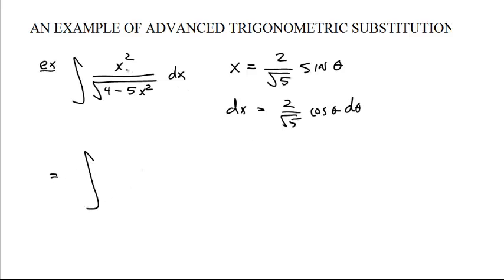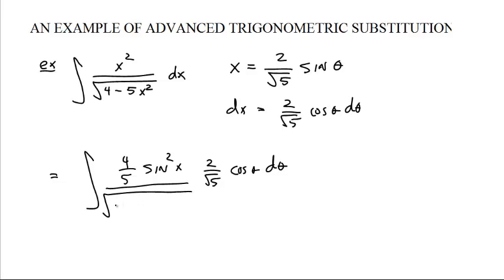We end up with x squared up top, which is 4/5 sine squared of theta. dx is 2 over square root of 5 cosine of theta d theta, and then down here, let's write it out: 4 minus 5 times x squared.